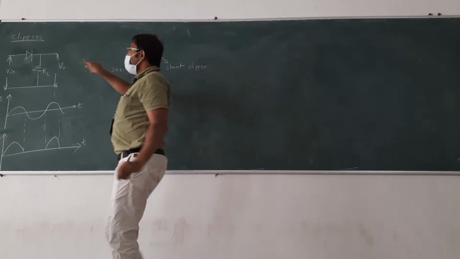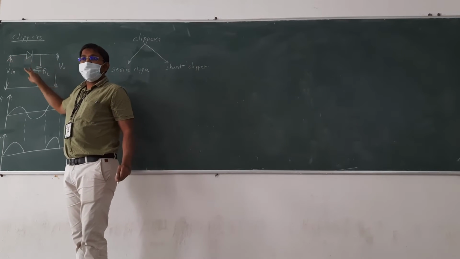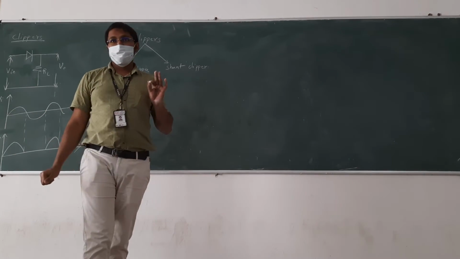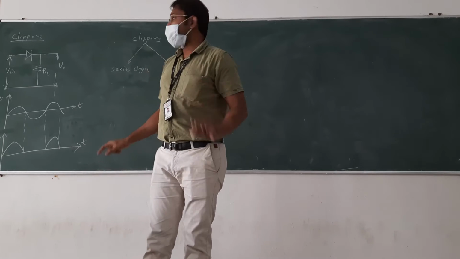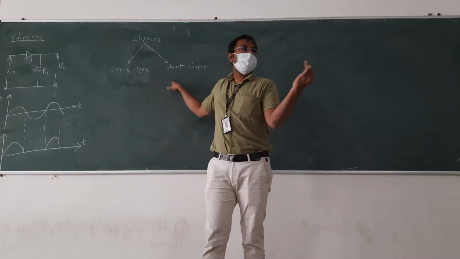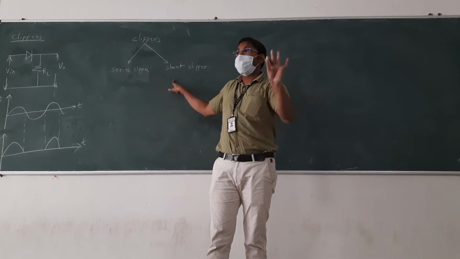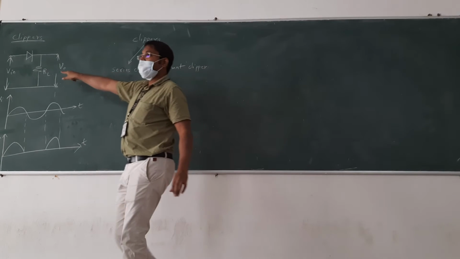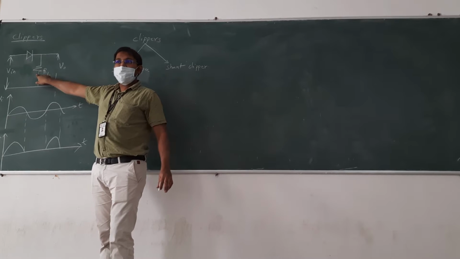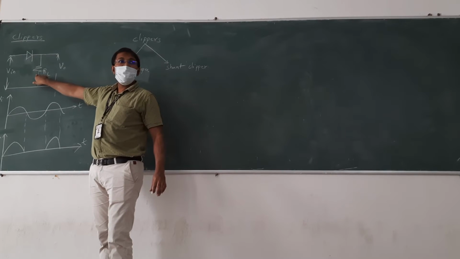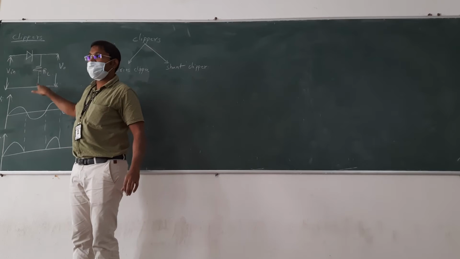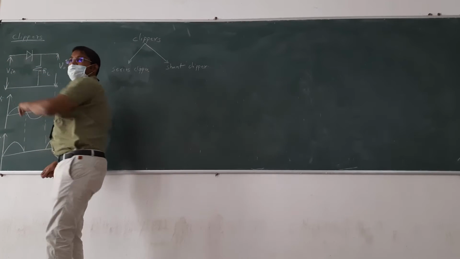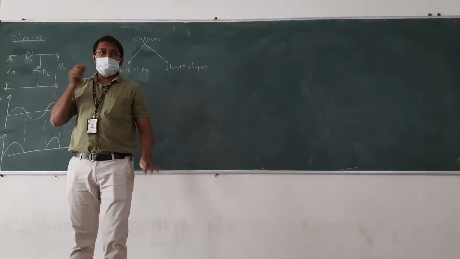If the diode is in series with the load, that is a series clipper. What do we mean by shunt clipper? If the diode is in parallel with the load, that is a shunt clipper. So this one is what clipper? This is series. The diode is in series with the load. Same rule, so this is a series clipper.